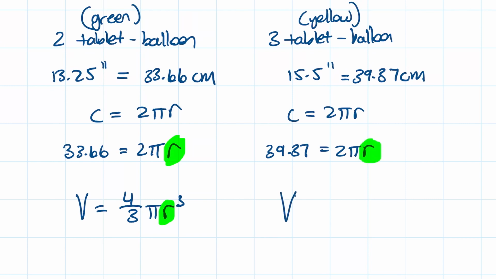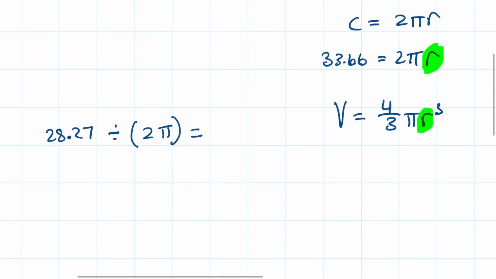So you're going to plug in 39.37 centimeters equals 2 pi r. Once again, you're going to solve for r. Once you solve for r, you're going to plug that r value right here. Okay, so your job is to go ahead and calculate the circumference of the green and yellow balloon, the radii of the green and yellow balloon, and then the volumes of the green and yellow balloon.